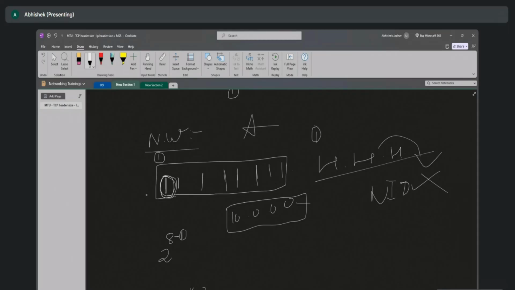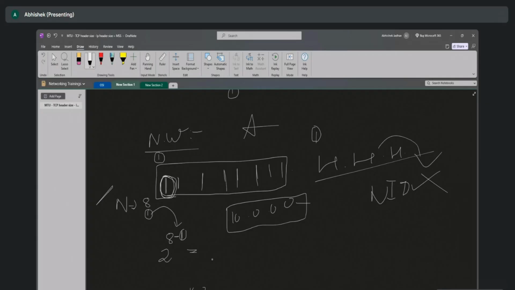So according to class A, we have only one reserved network bit, so from 8 bits we will remove one of the network bits, and then we will calculate the value for the number of networks, right?